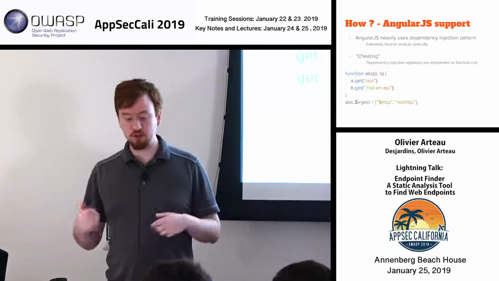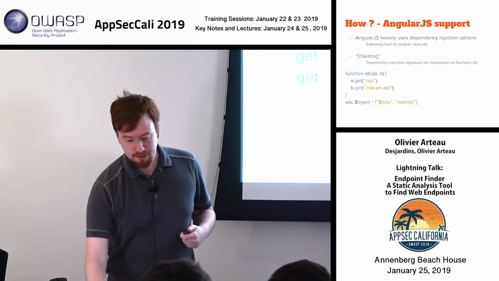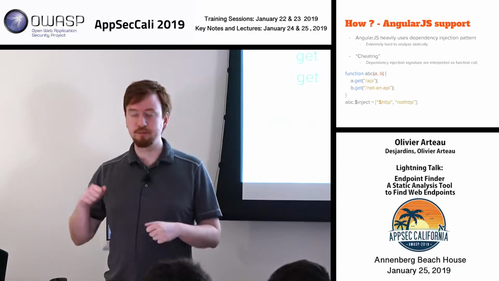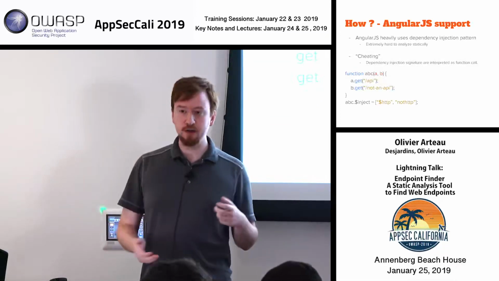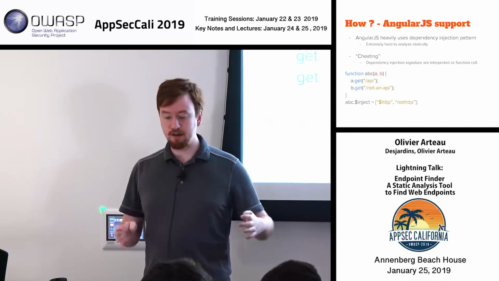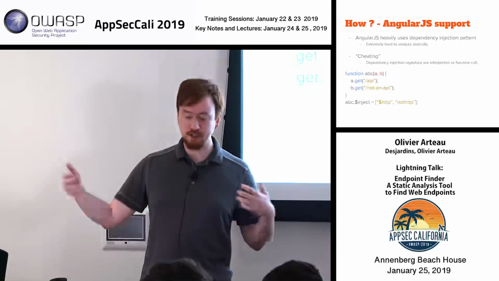So in this example, even though there's no direct invocation of the function ABC, we're still going to interpret this piece of code as an invocation of the function ABC with the symbol $HTTP and not HTTP.